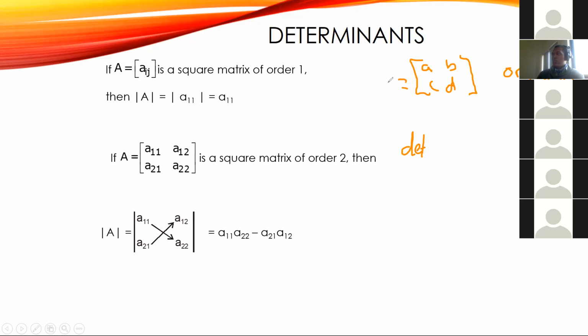Let's say this is matrix C, and this is matrix D. If we ask you for the determinant of C, and the determinant of D, that is how we would write it in a question: find the determinant of matrix A, B, C or D, whichever one it is.